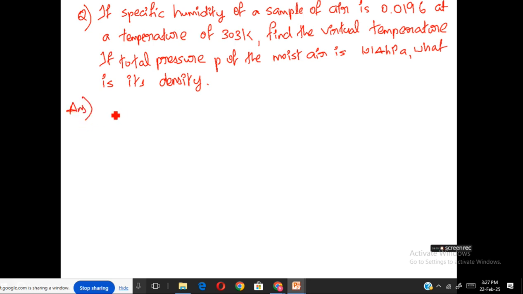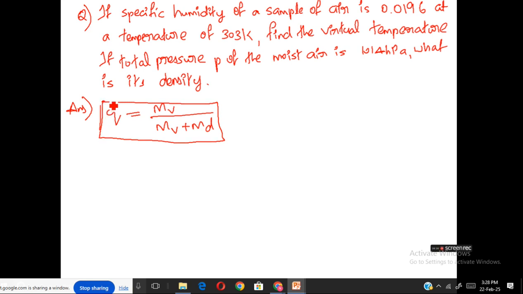This is again a new terminology, specific humidity, which is denoted as q and is defined as the mass of water vapor to the total mass of air. q is given as mv by mv plus md, where mv is the mass of vapor in the given moisture parcel, divided by the total mass of moisture, which is mv plus md. mv by mv plus md is what is known as specific humidity.